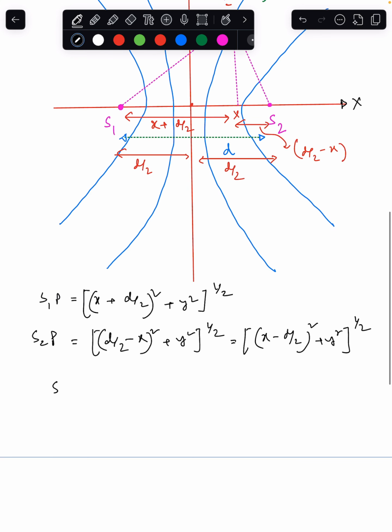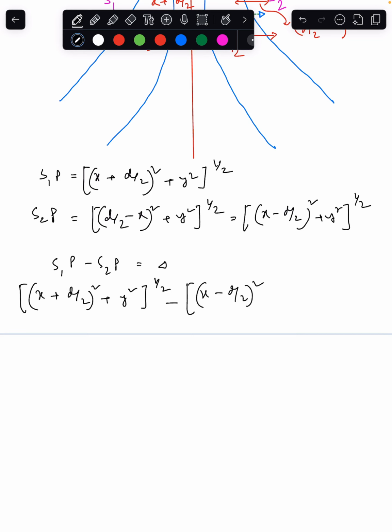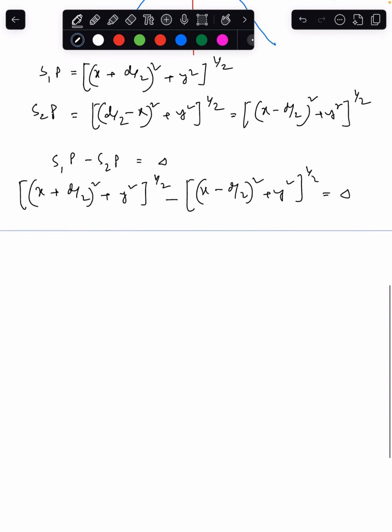If I go back to the basic interference, S1P minus S2P is the path difference. I am taking it to be delta. So now let us substitute the values. I am writing (x plus d by 2) whole square plus y square, whole to the power half, minus (x minus d by 2) whole square plus y square, whole to the power half, is equal to delta.